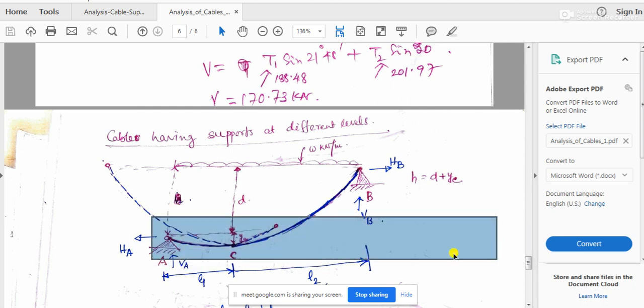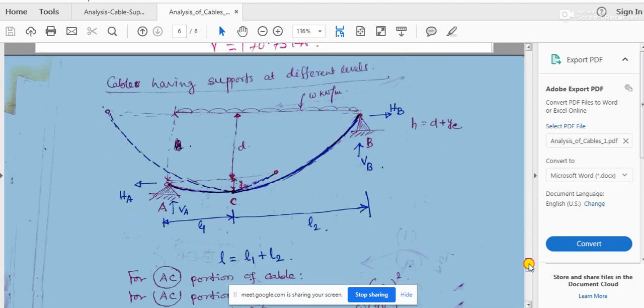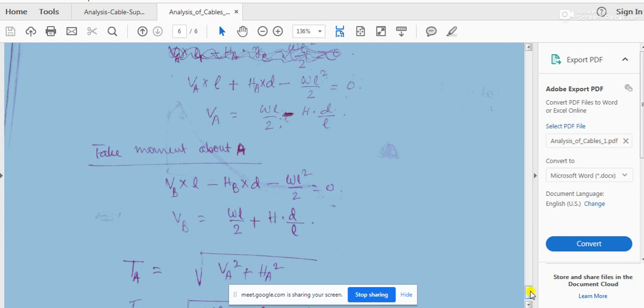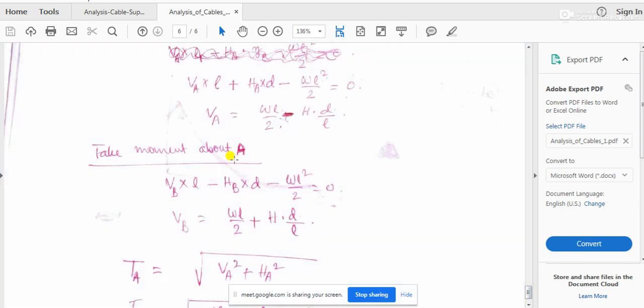The equations for these vertical reaction components depend on the position of the support. That is what I am trying to tell you.